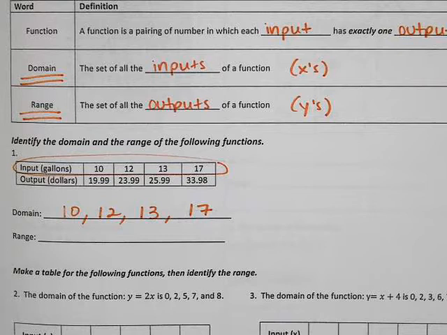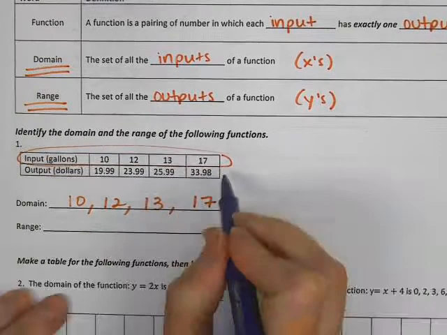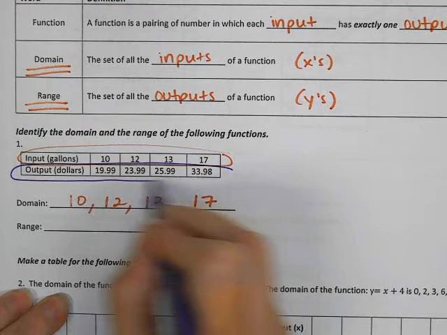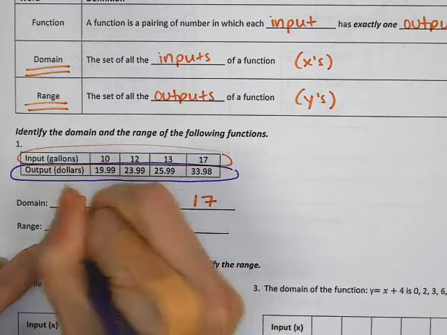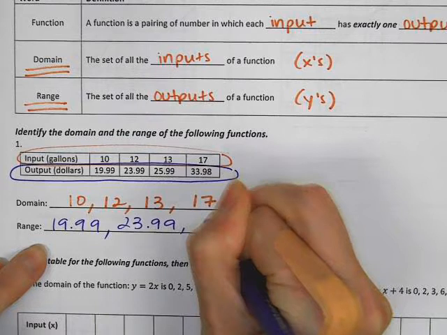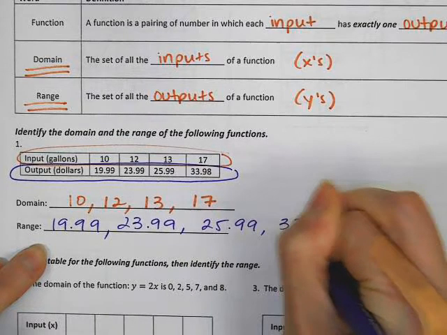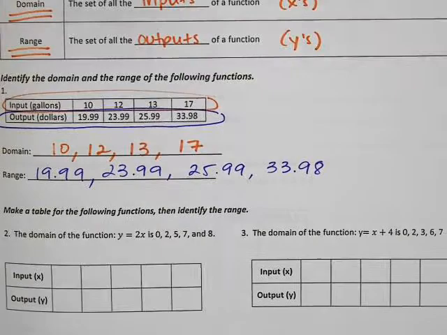Those numbers are in the domain. And then the range is the outputs. So if this row represents the outputs, those are your range. So 19.99, 23.99, 25.99, and 33.98. It's just a list of numbers in the input and output.